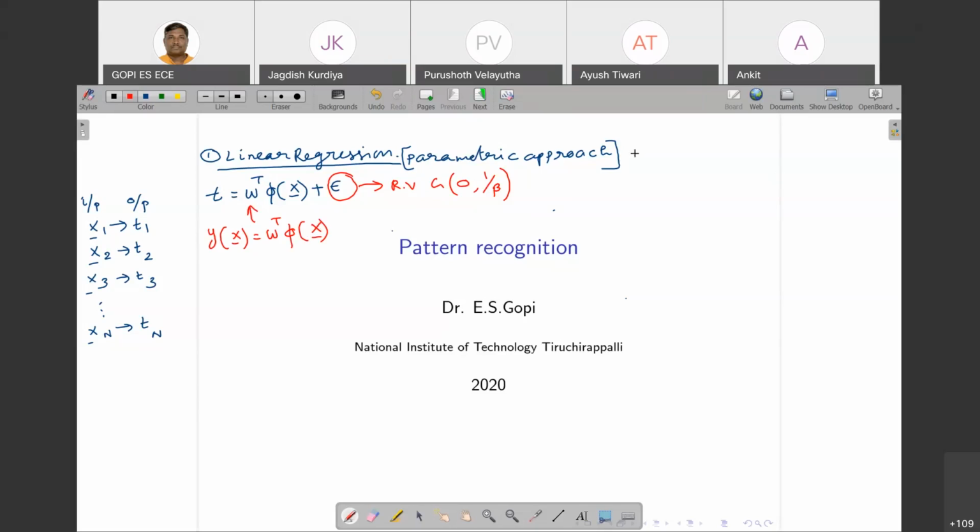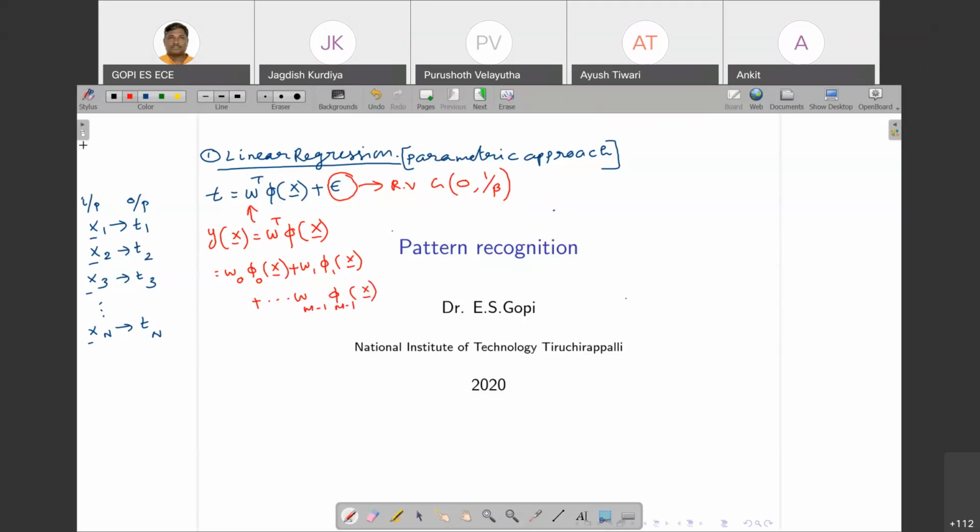Using M basis functions, like w naught phi naught of x plus w1 phi 1 of x, and it goes in that way, up to w subscript M minus 1 phi subscript M minus 1 of x, right?